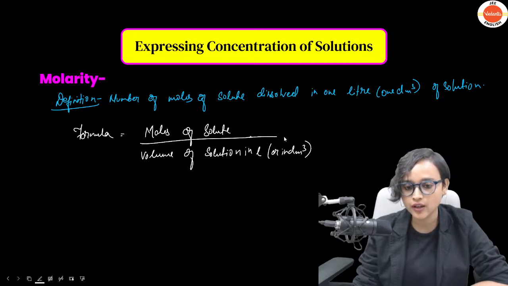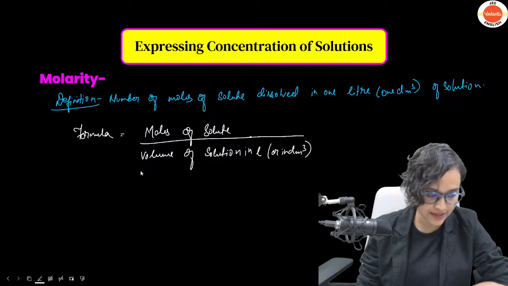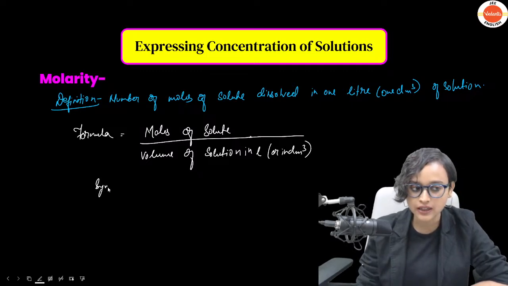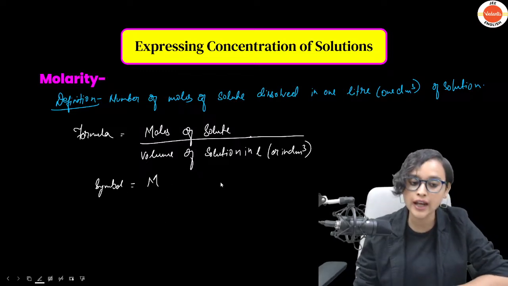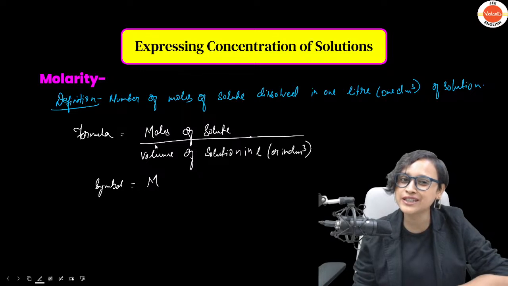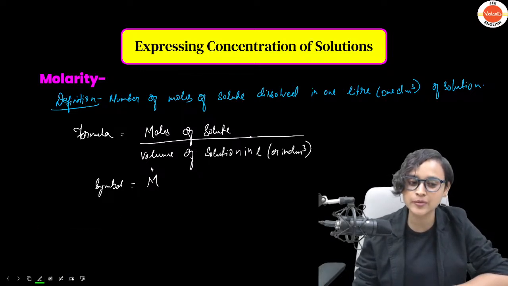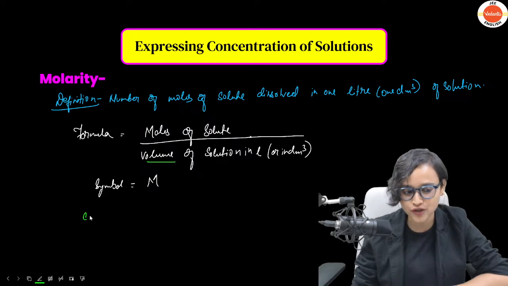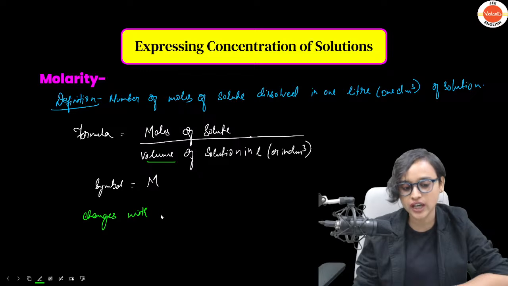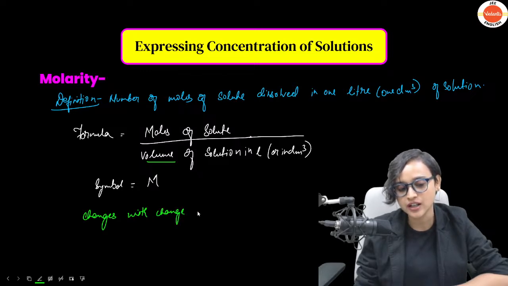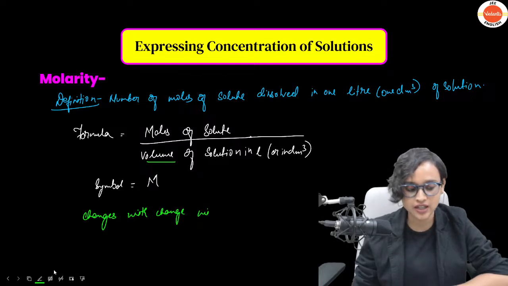You can use any of these, and that's it. What is the symbol? Whenever we talk about molarity, remember that it is always denoted with capital M. Now tell me, will it change with temperature? Of course, absolutely it will change with temperature, because once again we have volume here. So it changes with change in temperature.